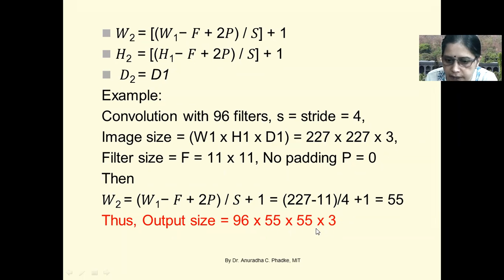So the resultant output image will be 55 by 55 by 3. And there are 96 such filters. So the total output size will be 96 multiplied by 55 multiplied by 55 by 3. This is the resultant output size after applying this particular convolution layer.